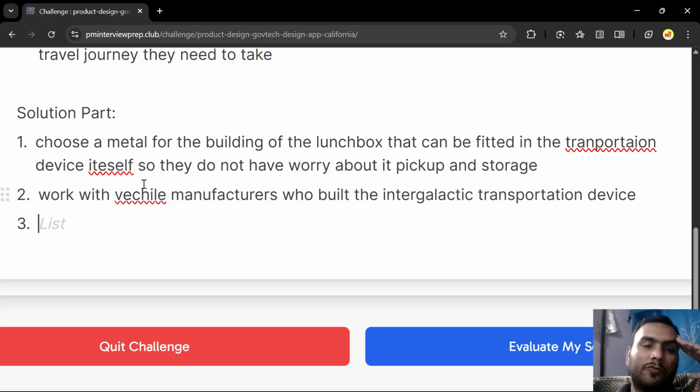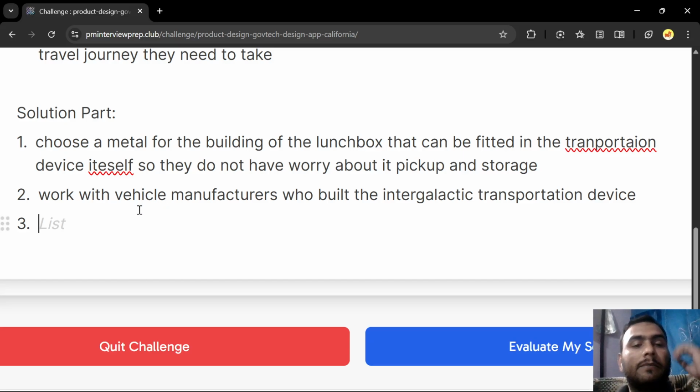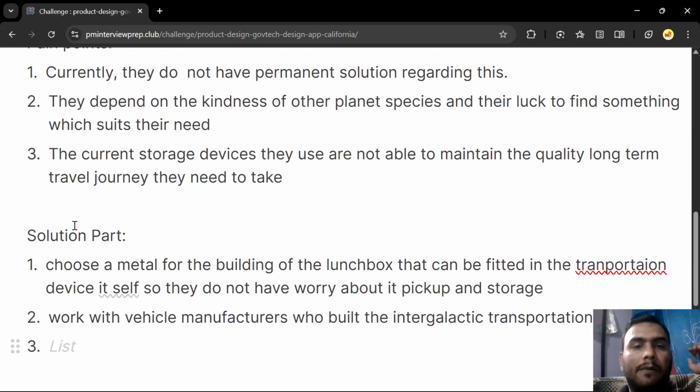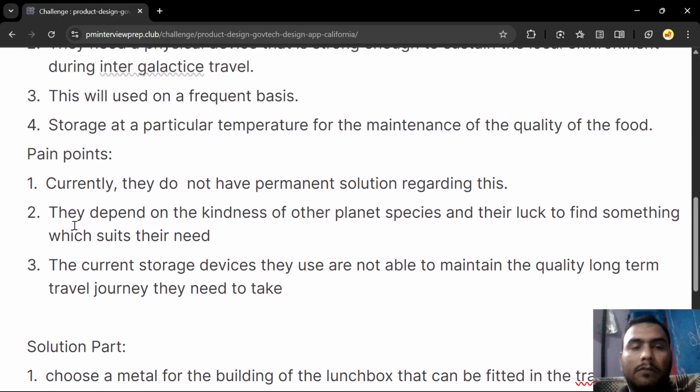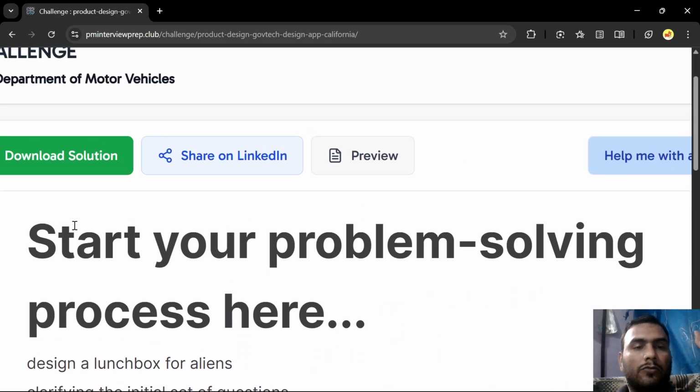So that would be my solution, working with the vehicle manufacturers and getting this product built into the transportation device itself. Because that would be the best possible solution that will, I think, inherently solve most of the pain points that the user is facing. So this will be all.